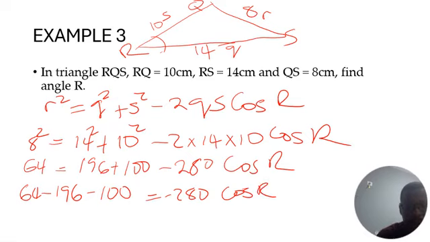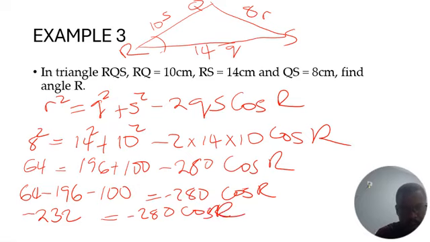So by doing that, 64 minus 196 minus 100 gives you minus 232, which is equal to minus 280 cos r. So we divide both sides by minus 280.